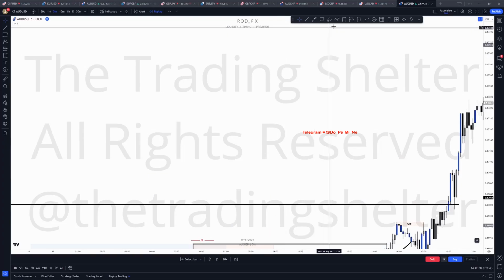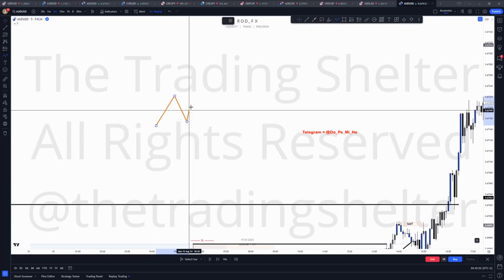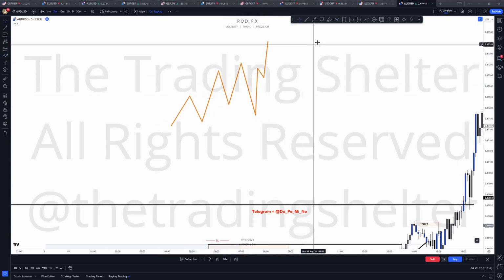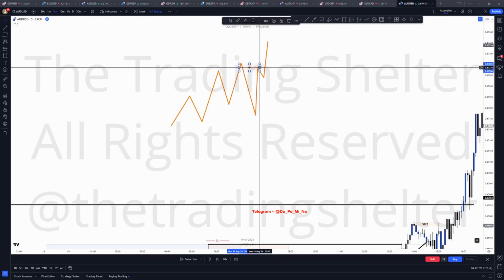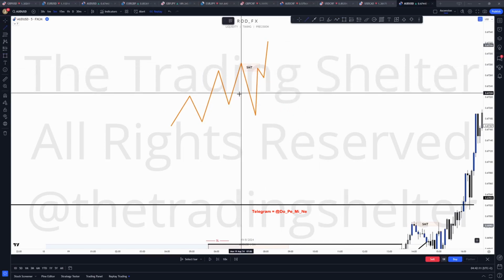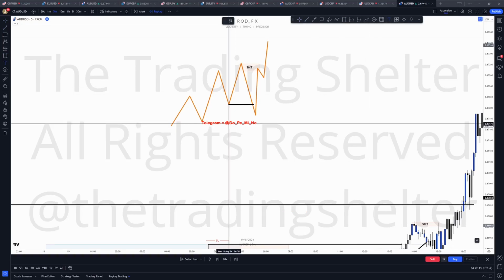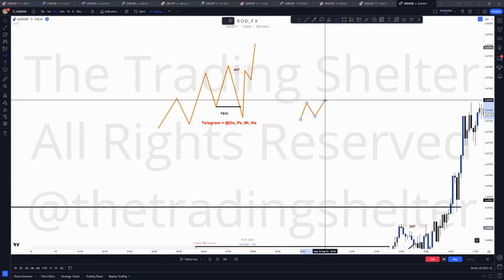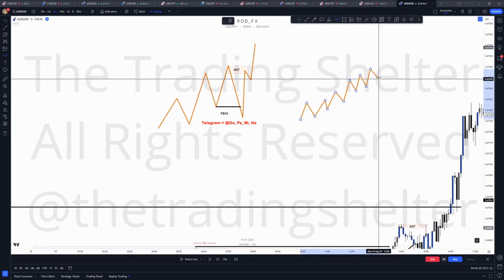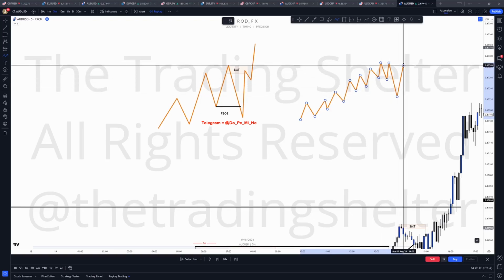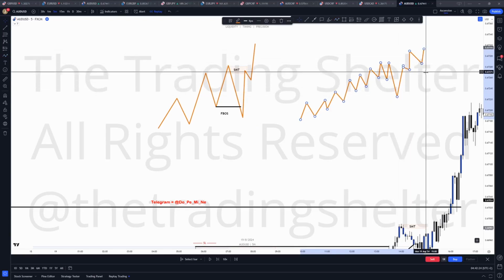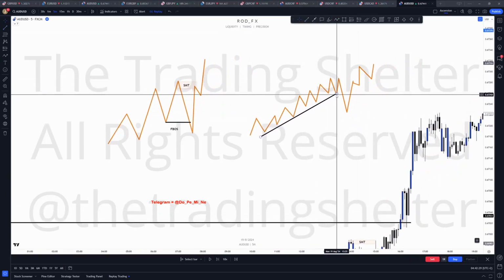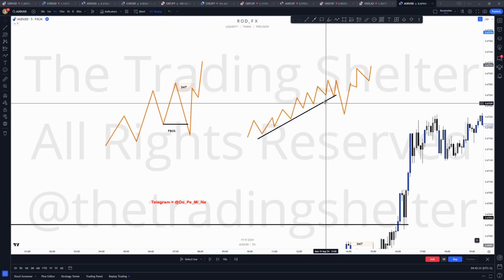So to recap what I just said, there are two ways of finding false breaker structure. Either we have a structural break to confirm that SMT, right? Structural break here, so FBOS here. And when the price is a little bit noisier and harder to see the trap, we can see it with a trend line.